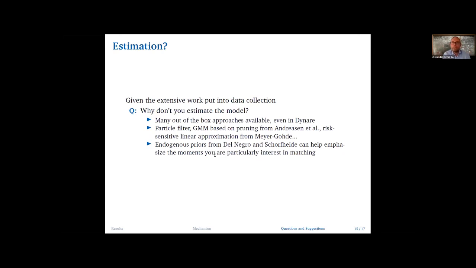And I found endogenous prior methods from Del Negro and Schorfheide to be very, very useful, sort of balancing likelihood-based information with a pseudo-calibration to push the model still into actually caring about this one moment that we find particularly important.